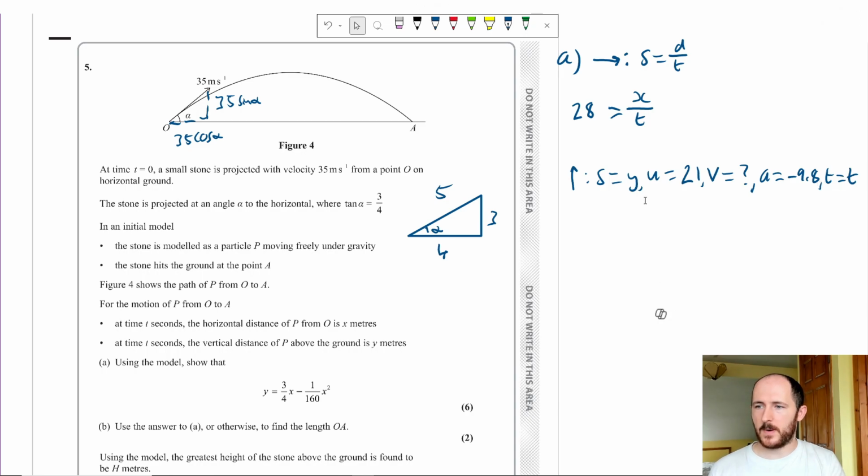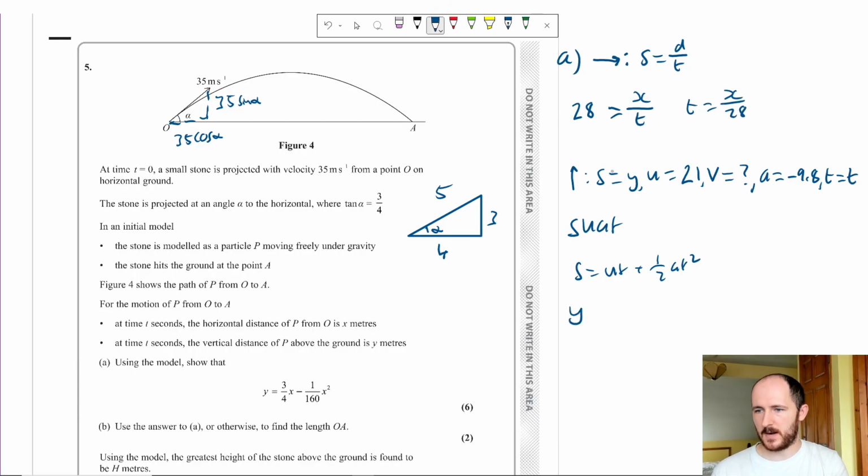So if I want an equation with s, u, a, we don't know v, so we must use t. So that's going to be s equals ut plus a half at squared. And if you actually have a look at the equation, you can see that there's a quadratic, so we know we're going to use a quadratic. This is where I might realise I can rearrange for time here and use that.